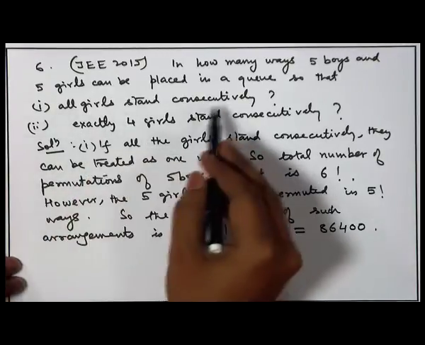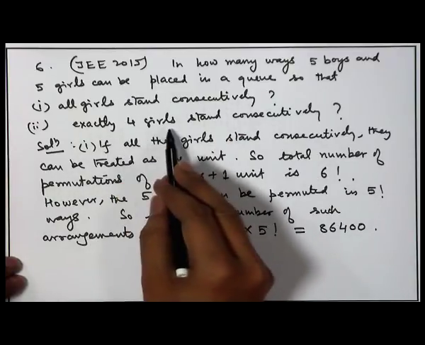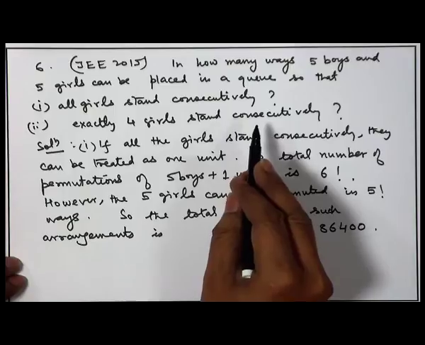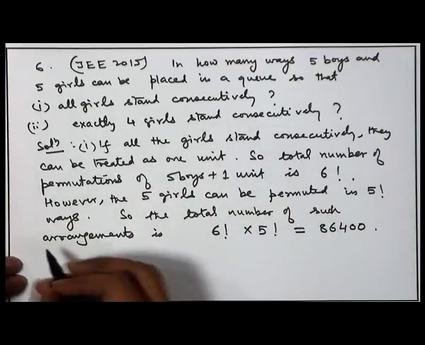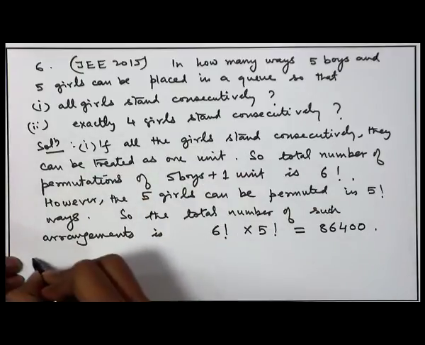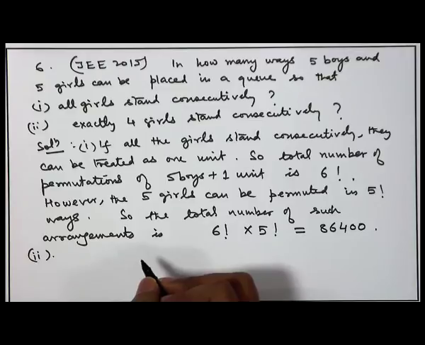Now, suppose I look at that out of these 5, exactly 4 girls are together and one girl is at some other place. That means it is not in the same sequence. Let us see in how many ways this can be done.